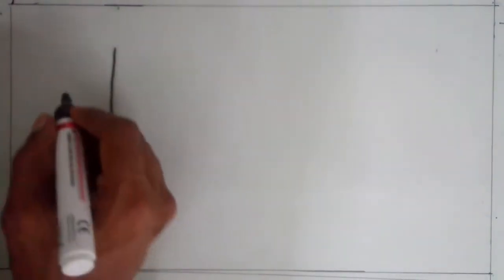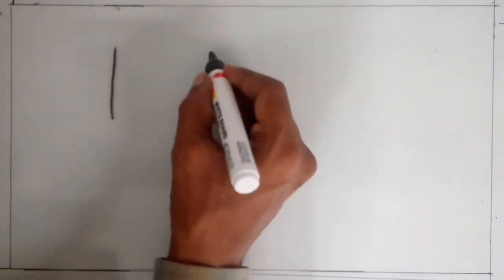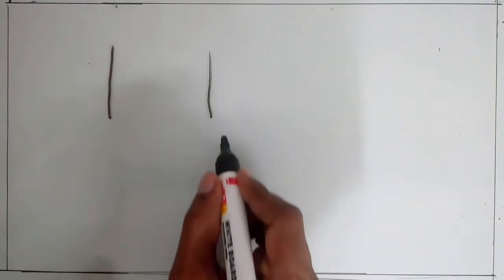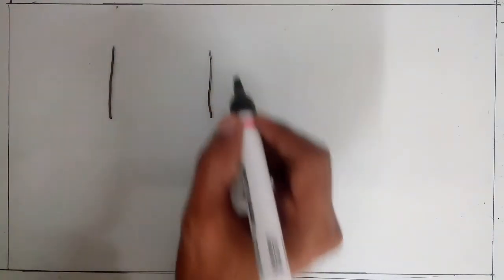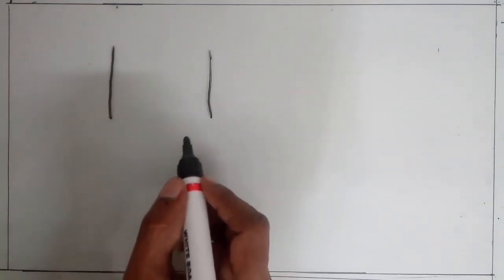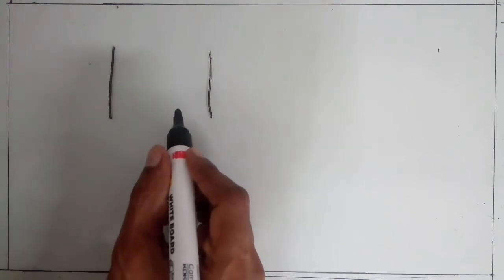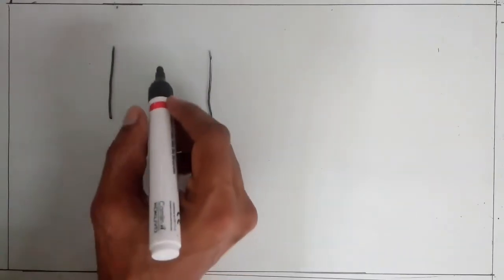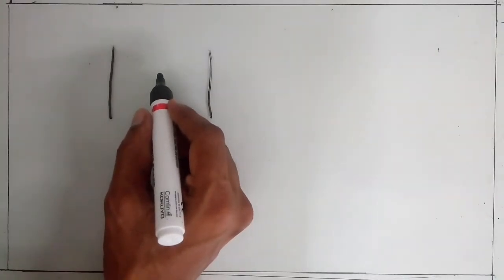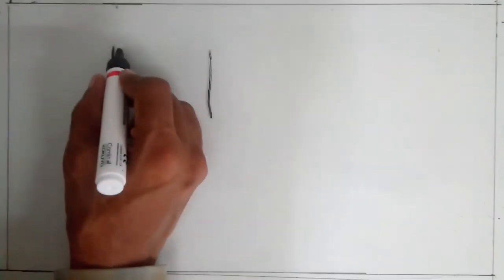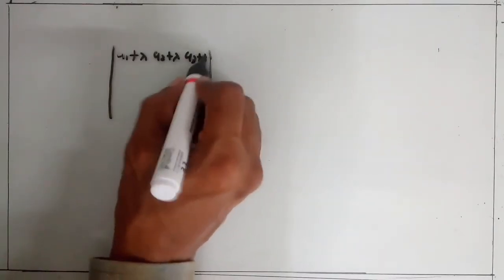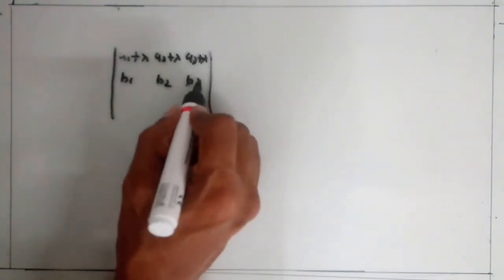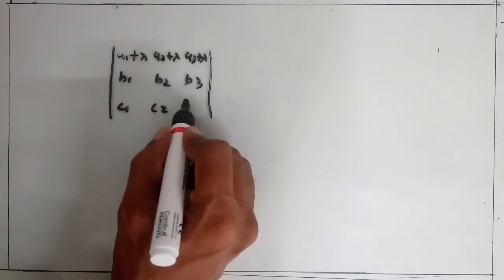Now next, property number 5. If in a determinant each entry of any row or some entries of any row, or each entry of any column or some entries of any column, are in the sum of two terms, then the given determinant can be written in the form of a sum of two determinants, like a1 plus lambda, a2 plus lambda, a3 plus lambda, b1, b2, b3, c1, c2, c3.